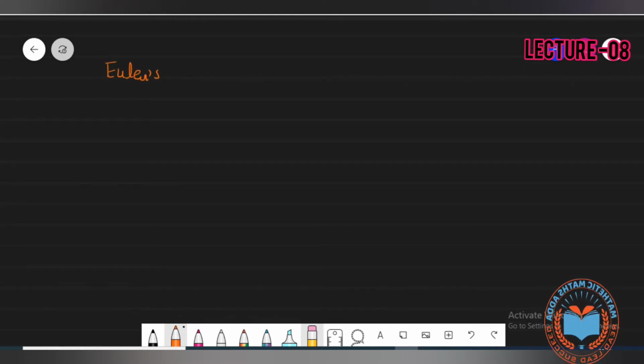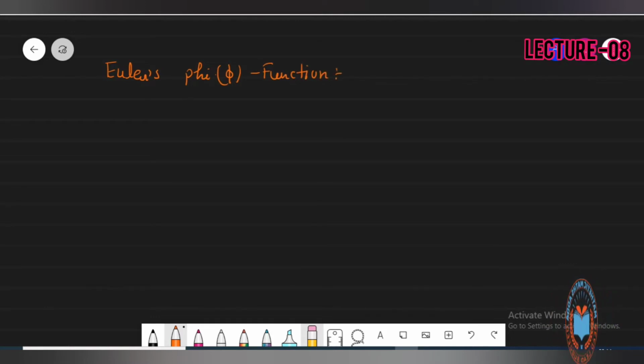Euler's phi function. Phi means the symbol phi, function. Now first of all we will see the definition of this Euler phi function. What is the definition?